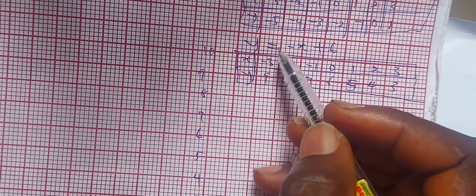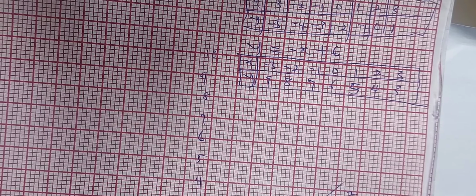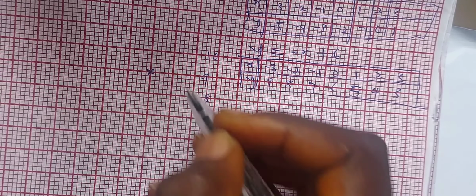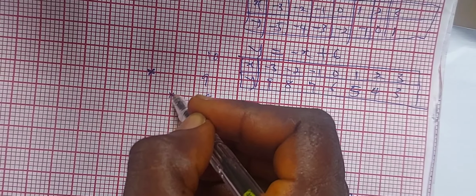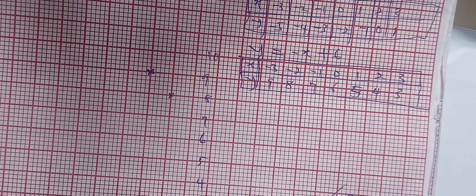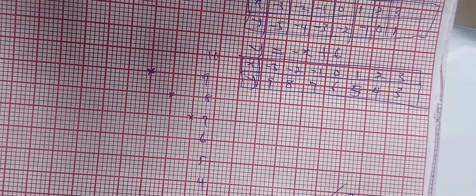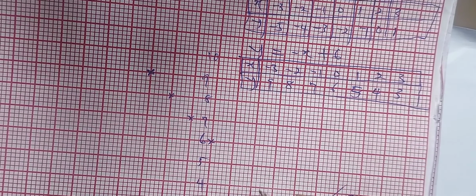So for the second table, when x is minus 3, y is 9. You asterisk it. When x is minus 2, we have 8. When x is minus 1, we have 7. When x is 0, we have 6. When x is 1, we have 5.